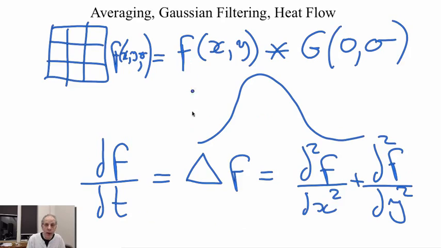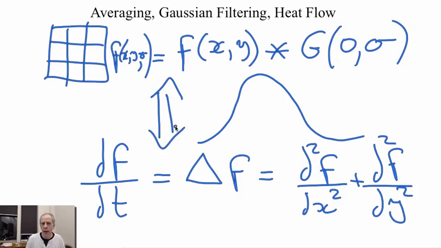Those are equivalent operations. If I let it run for a certain time, that's equivalent to picking a certain variance that depends exactly on the time and applying a Gaussian filter to the image. So the pixel values are diffusing in the same way as the heat flow is diffusing heat. Those two are basically equivalent things.